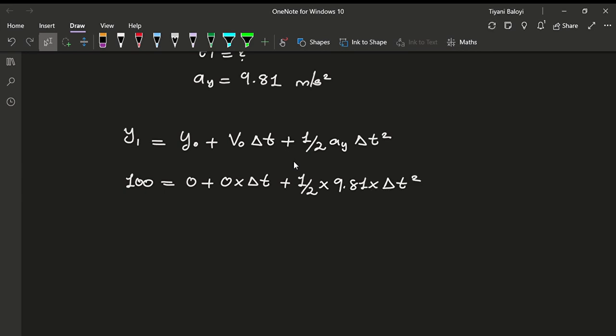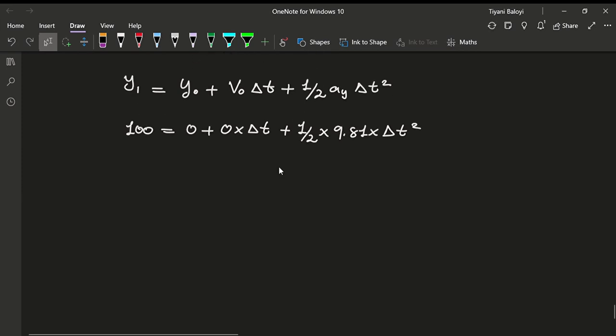When you do it very well, even your signs will check out. You won't have problems with your signs. Everything will be positive if it needs to be positive. We know that our time is always positive, so we expect a positive answer. So 0.5 multiplied by 9.81 is 4.905.